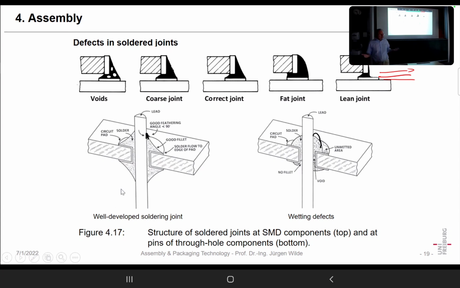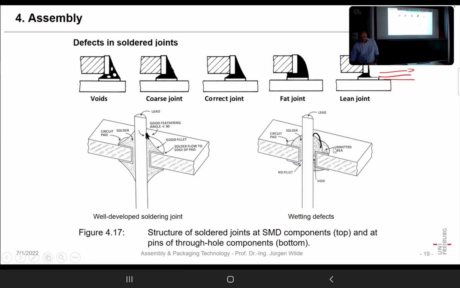So everything that is wettable in principle should be wetted. And that fillet should be filled out completely. Also, you want to have good wetting on the pin and on the via metallization.